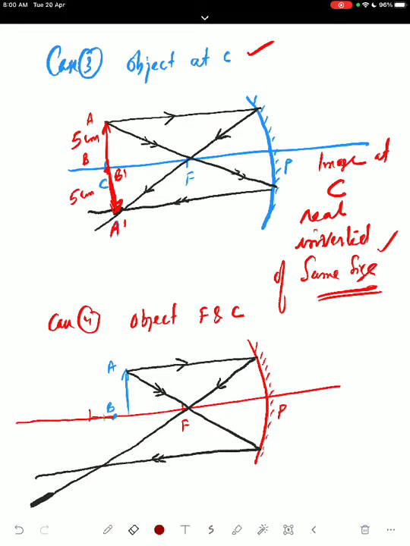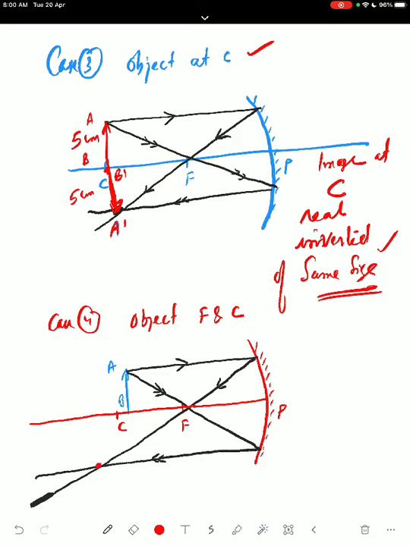So this point we will mark as C here for convenience. AB is your object, and the point C I am marking a little closer.